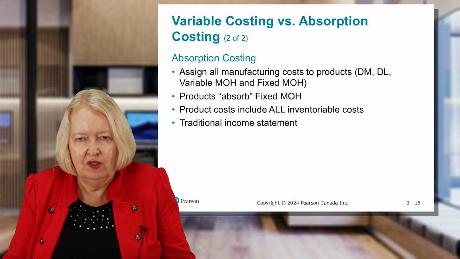That's the only difference between the two methods, variable versus absorption. So for your traditional income statement, all product costs, both fixed and variable manufacturing overhead, as well as direct material and direct labor, are included in all inventoriable cost.